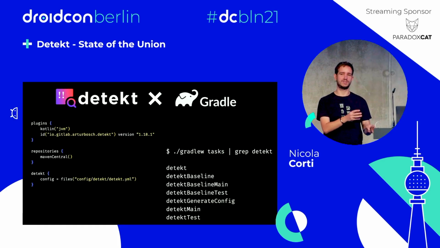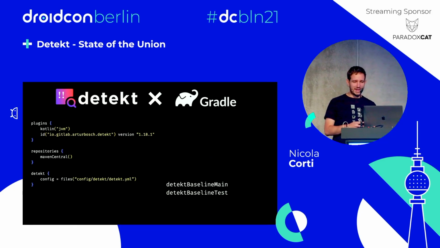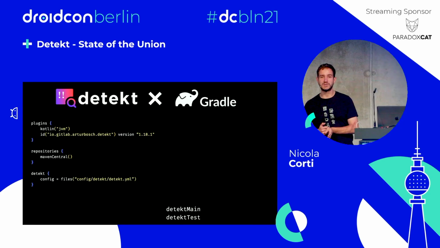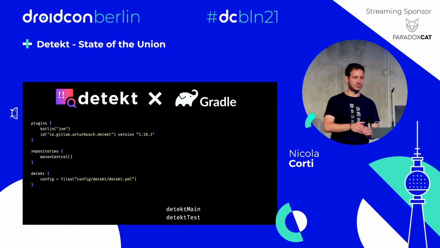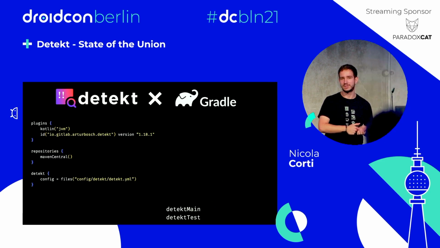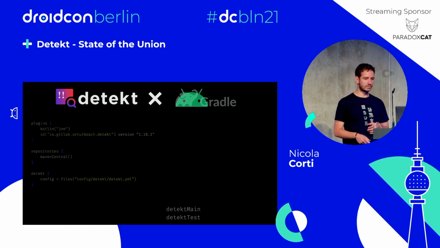So if you just invoke Detekt, no types will be resolved. Those other tasks, like detektBaselineMain, detektBaselineTest, detektMain and detektTest, run with type resolution. For example, for detektMain, we go to the main source set, get all the dependencies for main, and run Detekt with type resolution there.